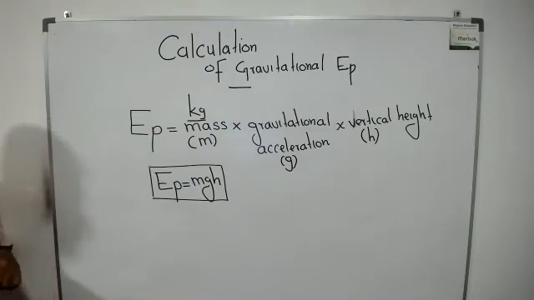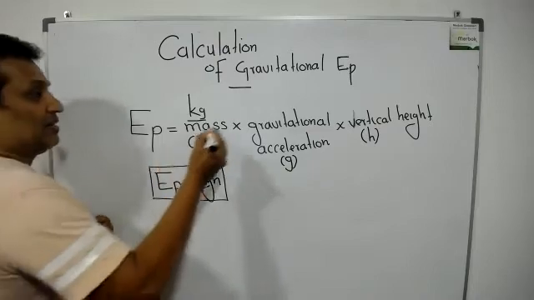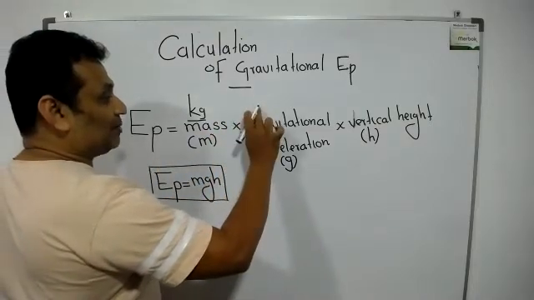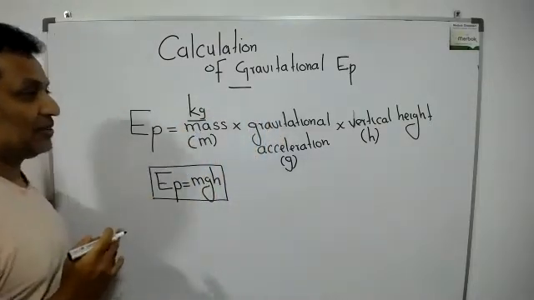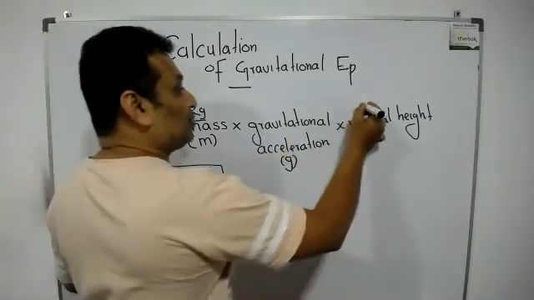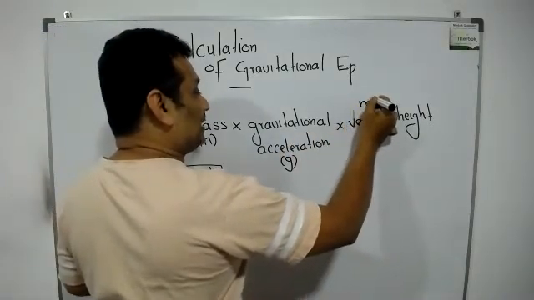You cannot use it in gram units. G is always in m s^-2, that is not necessary to mention. And the height should be in meters.